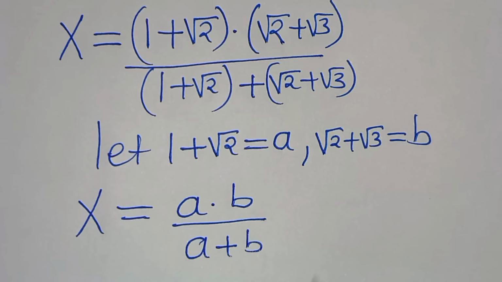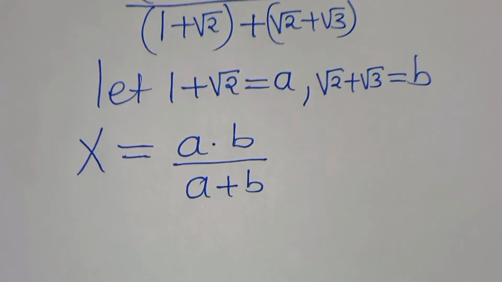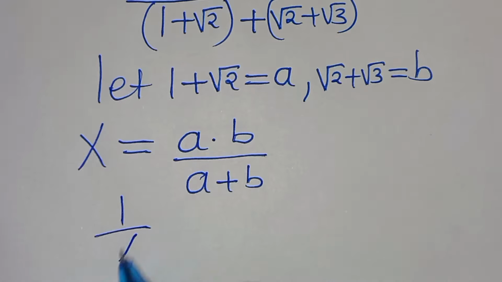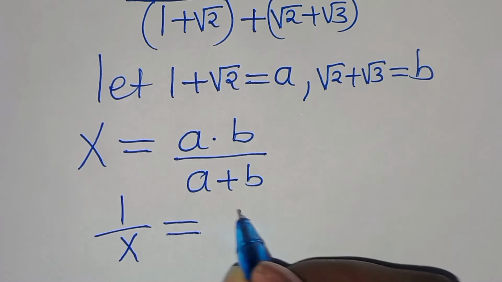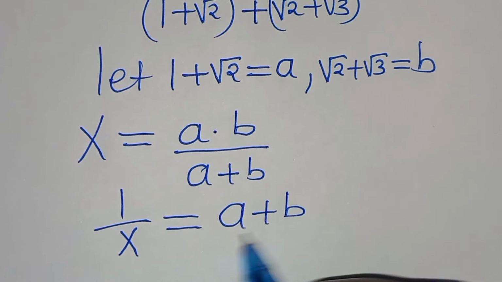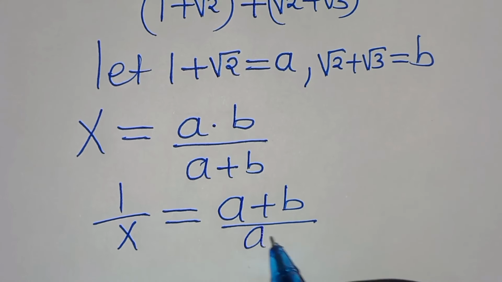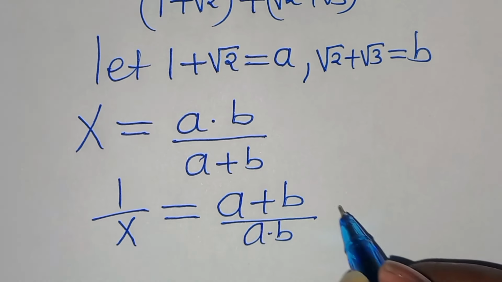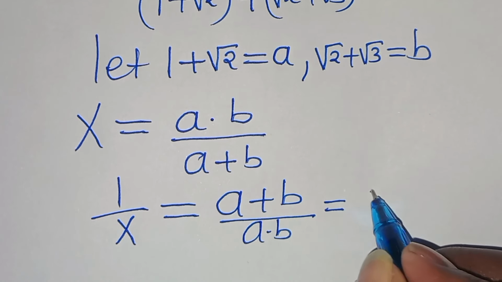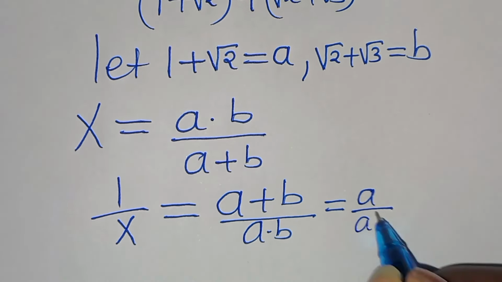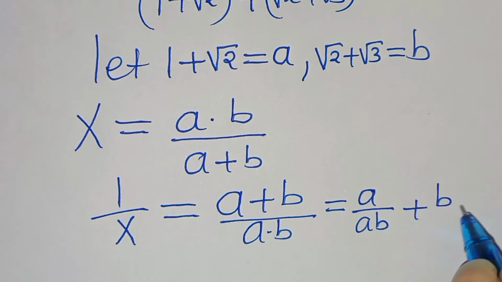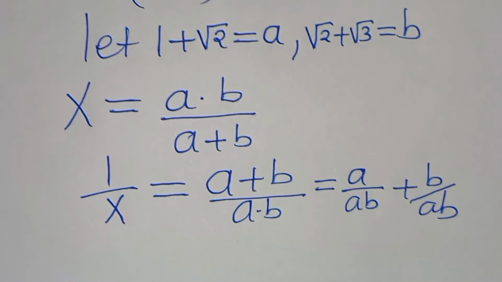And this implies that 1 over x can be expressed as a plus b divided by a times b. And we can express this as a divided by ab, then plus b divided by a times b.